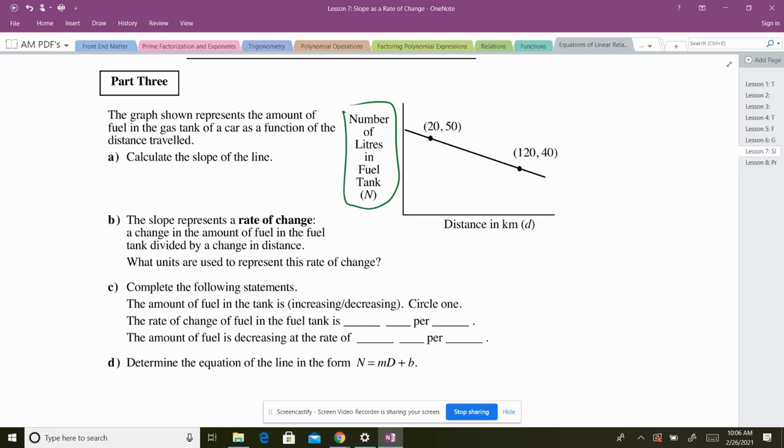What's the first thing we need to do? Find the slope. In fact, they even tell us to find the slope. So m is equal to y2 minus y1.